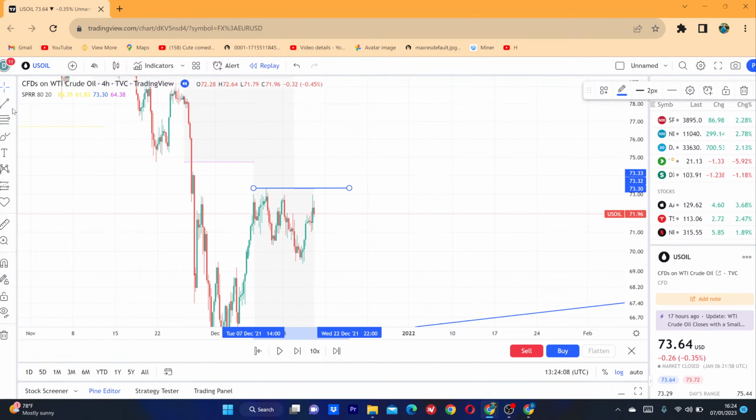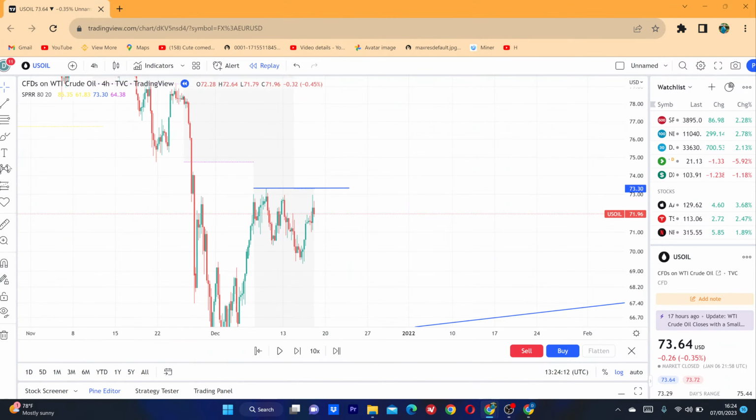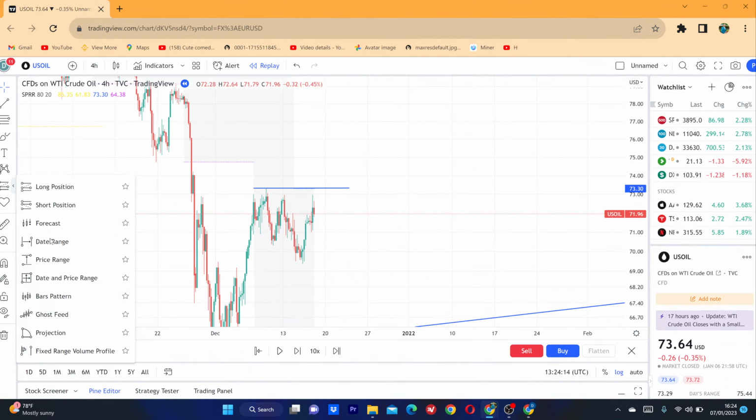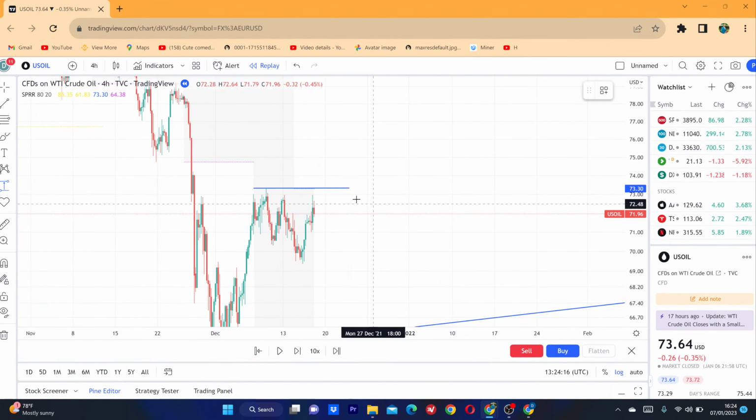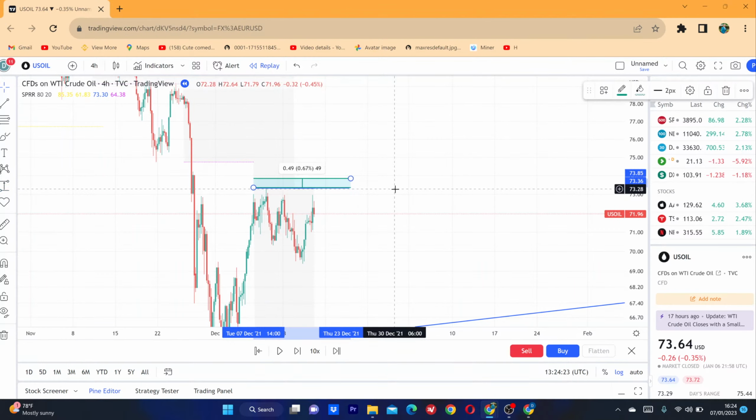So I will create another region right over here. Let's create a region, the price range. So in case the market tries to create a reversal at that level, I'll enter a sell.